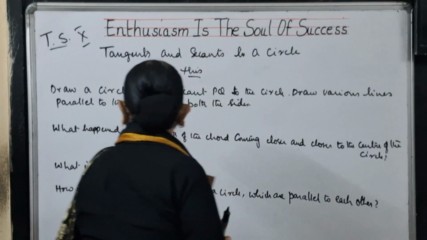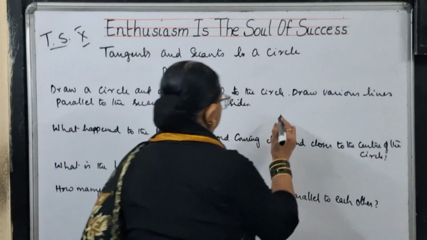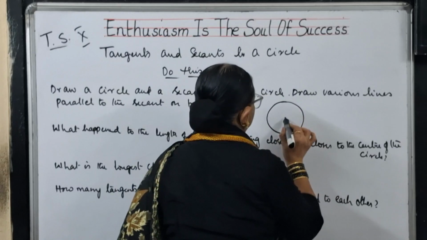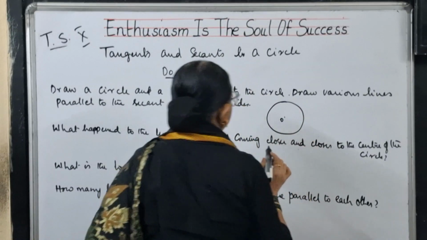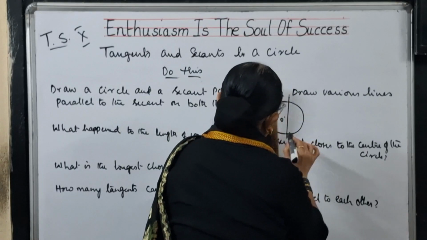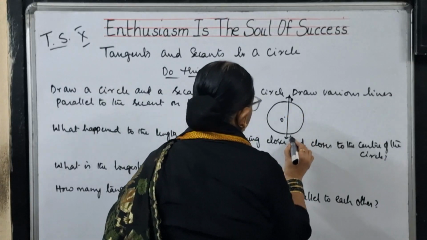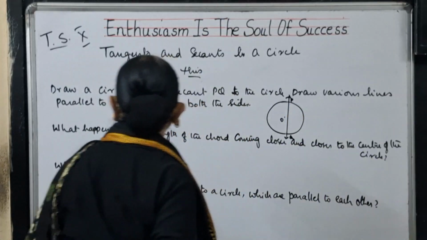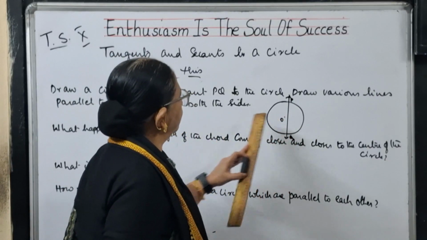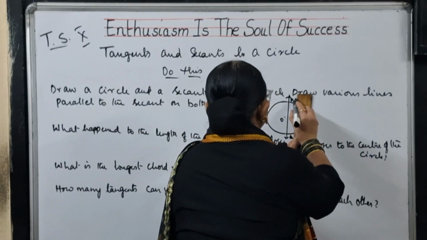Do these sums, children. Draw a circle and a secant PQ to the circle. So let me draw a circle with center O. Secant means the line which is intersecting it at 2 points. So let me consider this, P and Q, 2 points. Then the next one: draw various lines parallel to the secant on both sides. On this side as well as on this side, I should draw the parallel lines.